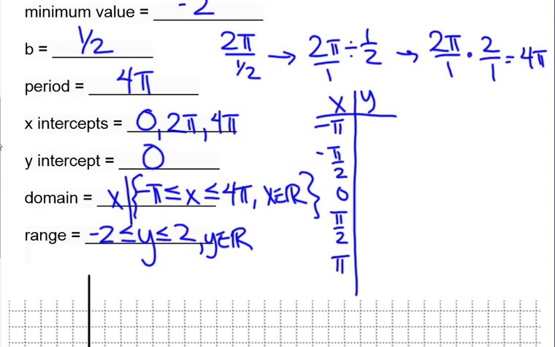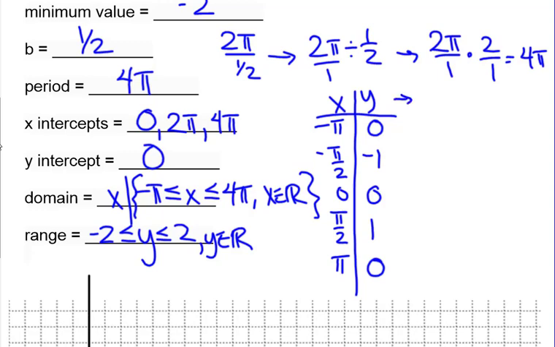Let's see where that gets us. If we want to plot more points, we can. So we start, pi's are zeros, negative 1, 0, 1, 0. So again, the sine of negative pi is 0.